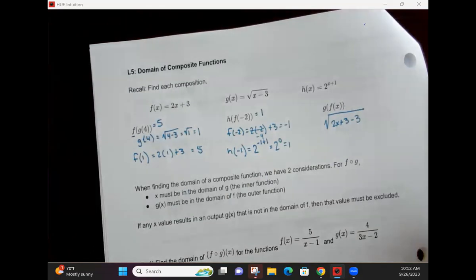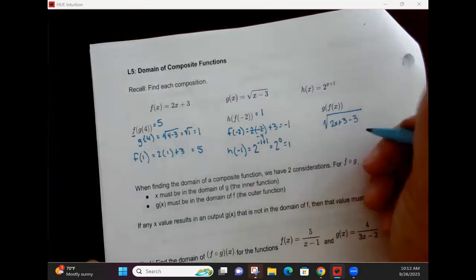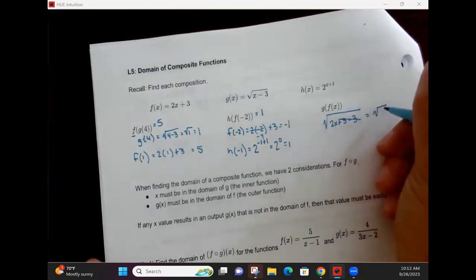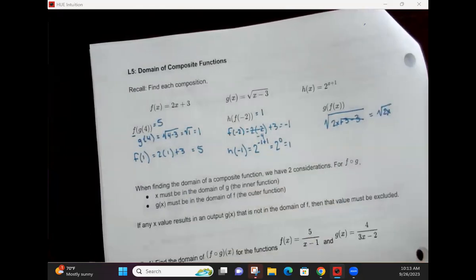And then we clean up anything that we can. So this would be under my roots, those are gone. This would just be the square root of 2x. Can't simplify any more than that. I could write it as 2x to the 1/2 power, I guess, if I wanted to, but there's not really a reason to do that at this point. So we will just leave it as the square root of 2x.